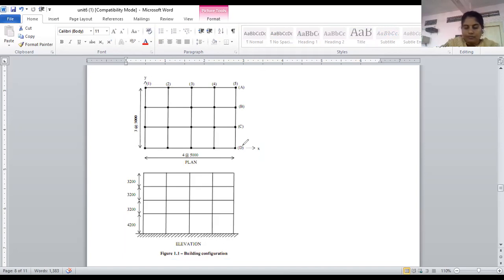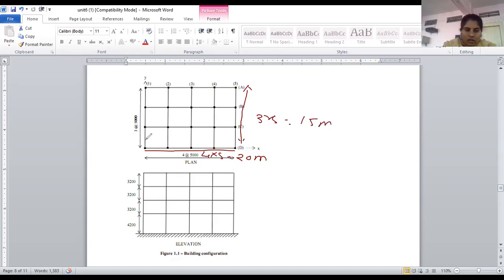So from this to this, the dimension is 4 by 5, equal to 20 meter. In the same way, there are 3 bays, so it will be 3 by 5, that is 15 meter.